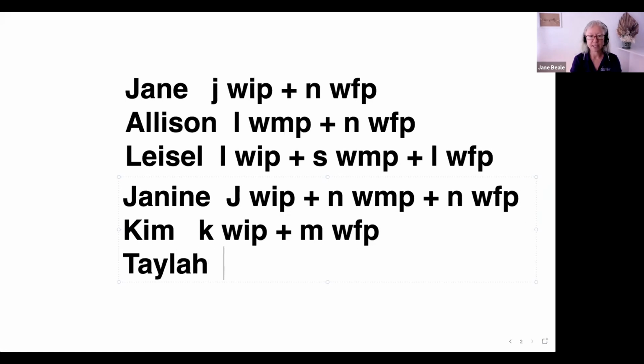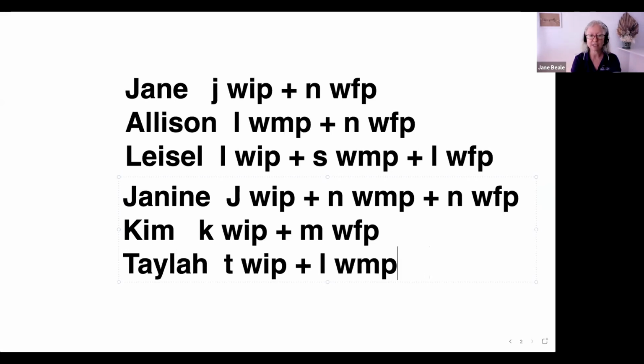Taylor has a T in word initial position. Taylor. Now it's not a Y because the Y is not being a consonant there, is it? Taylor. So that's T-A, L. So it's an L in word medial position. And is there a final consonant? No. So when we talk about word positions, we're referring to consonants.